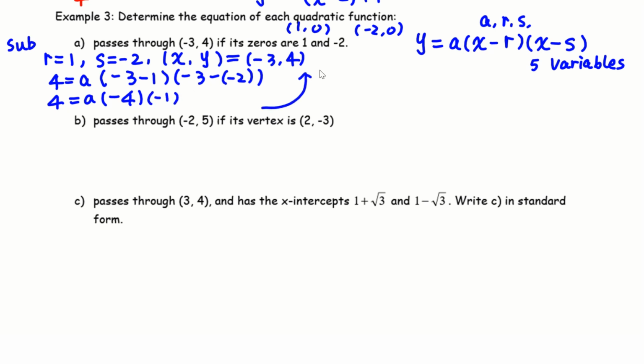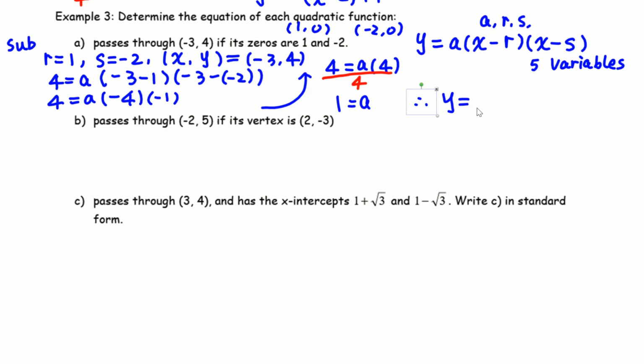Then do the multiplication: 4 equals A times -4 times -1, which becomes positive. Then we move the 4 to the other side, and its opposite operation is division. So A equals 1.